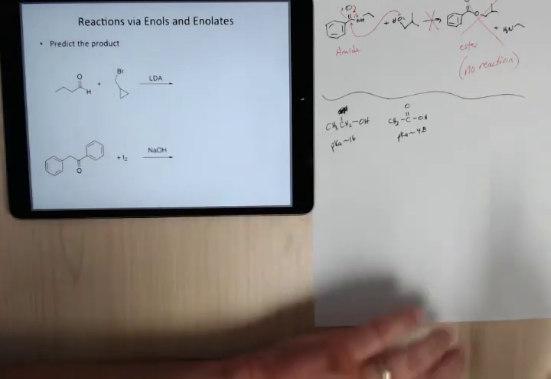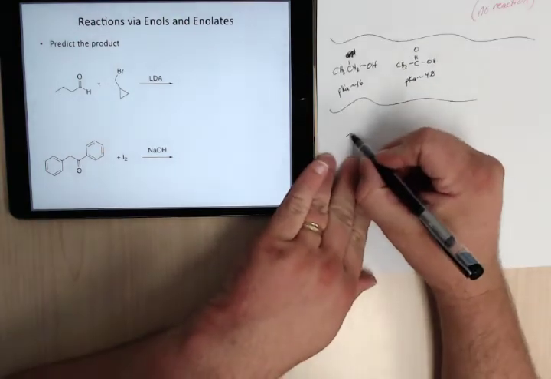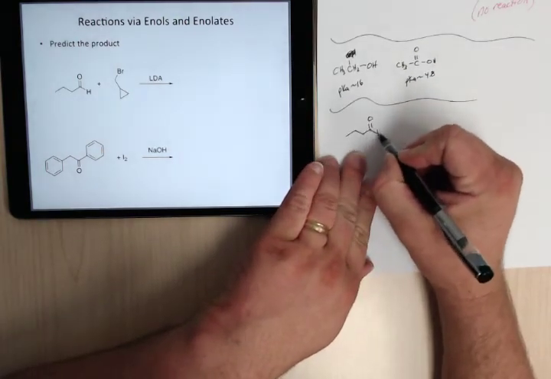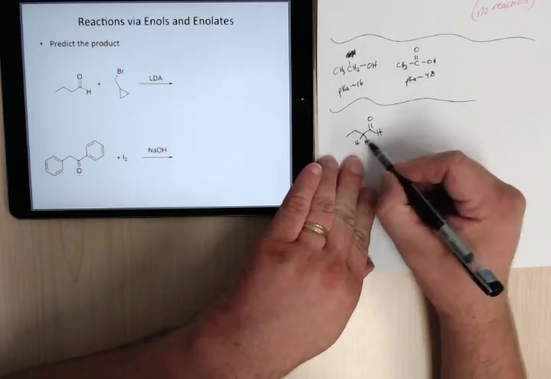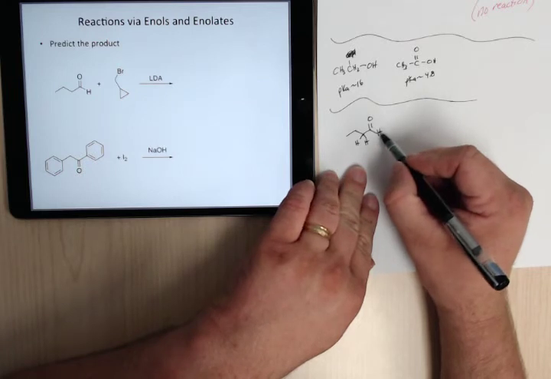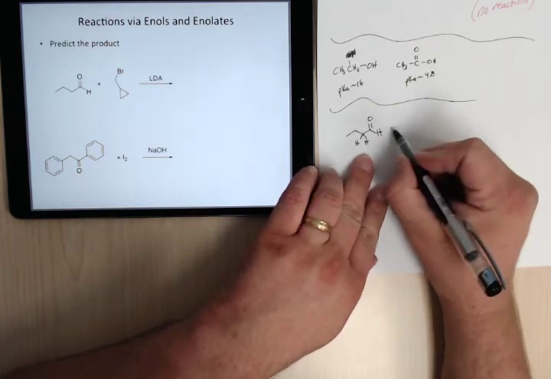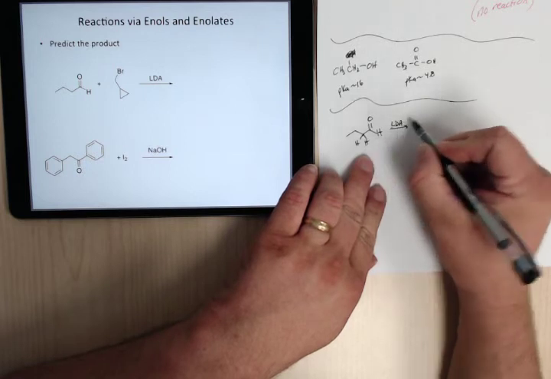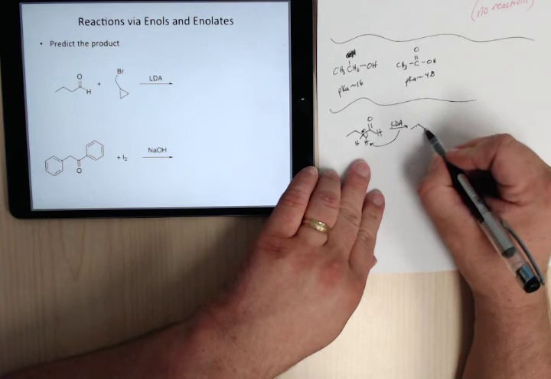Okay. So if we have this, remember we're taking away one of these, not the aldehyde one, it's next door. So we're going to react this with LDA. That's going to come in and attack, move those electrons up here.